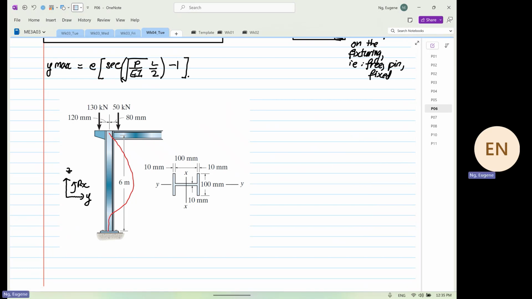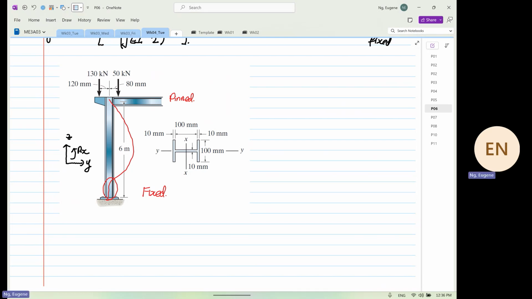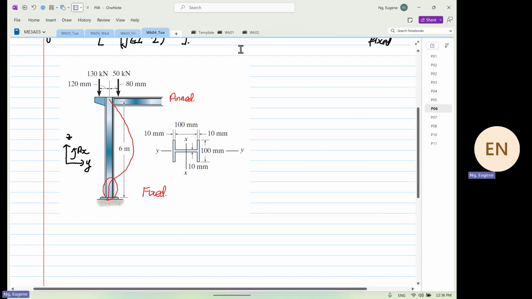I deliberately draw this straight because this is fixed. And the other end, as is mentioned in the question at the top, it is pinned. So one end fixed, one end pinned.